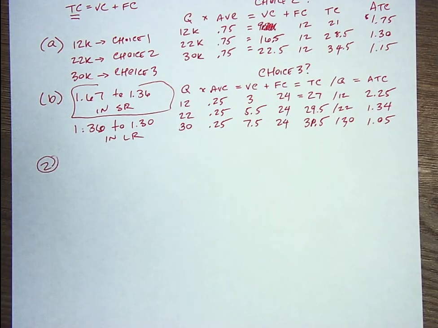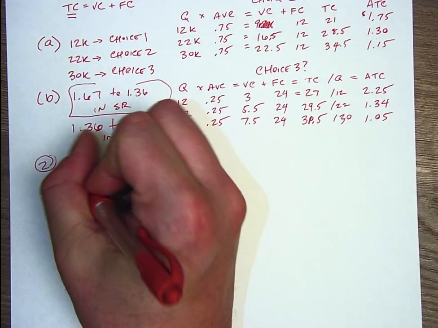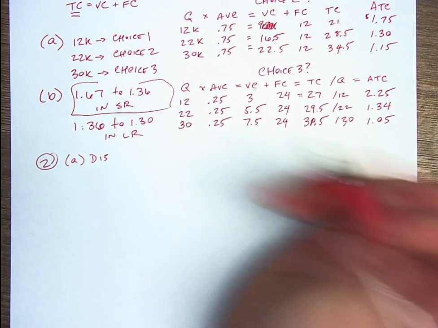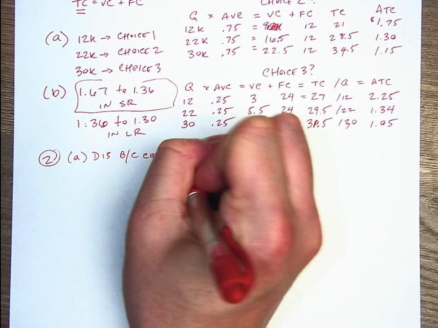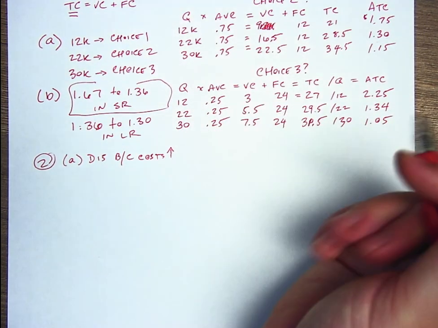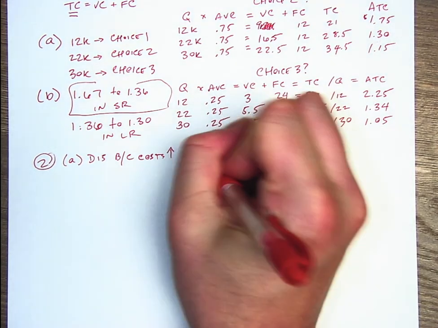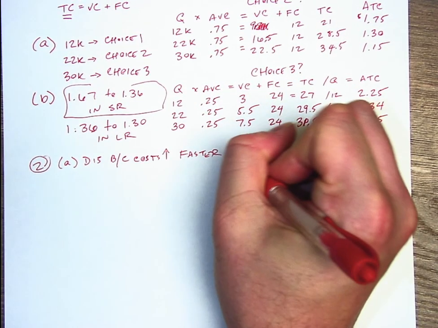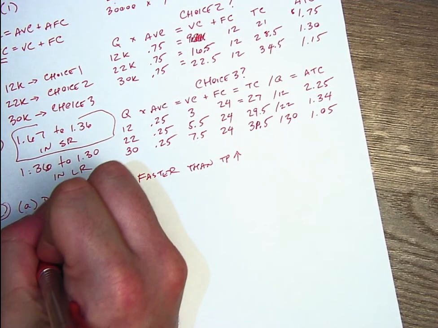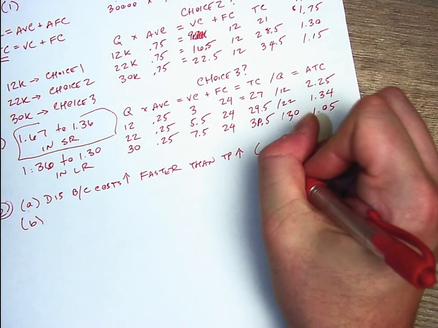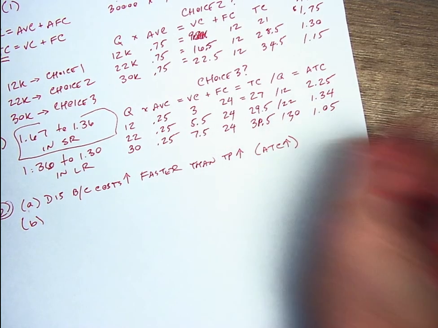So they really wouldn't benefit from getting larger because they depend on the experience of the owner. So we would say diseconomies because their costs would go up faster than TP does. That's the other way of saying ATC would be going up.